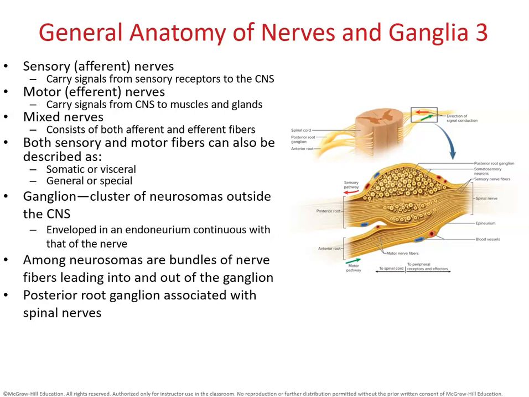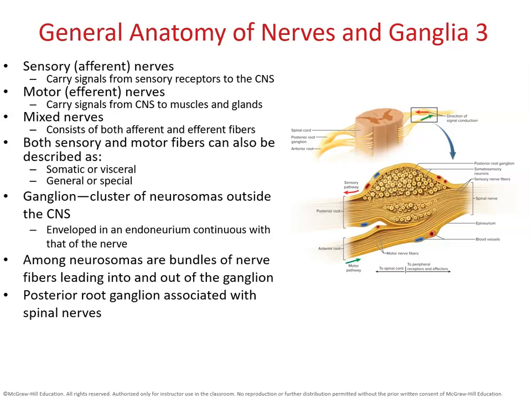The sensory or afferent nerves carry signals from sensory receptors up to the central nervous system. And then the motor or efferent nerves do the opposite. They carry signals from the central nervous system back to the muscles and the glands.